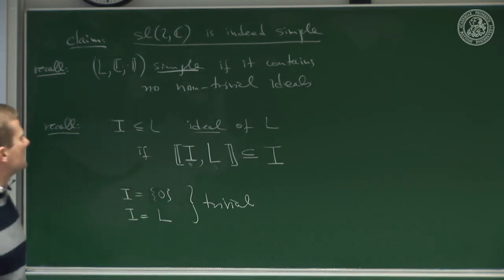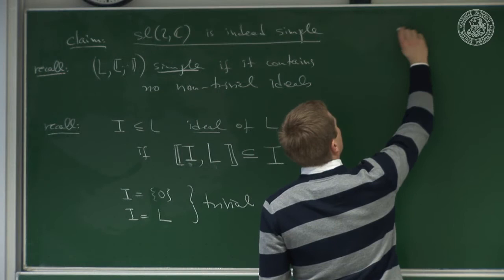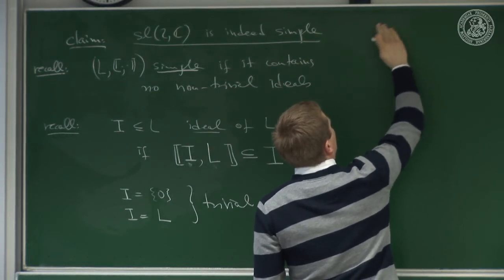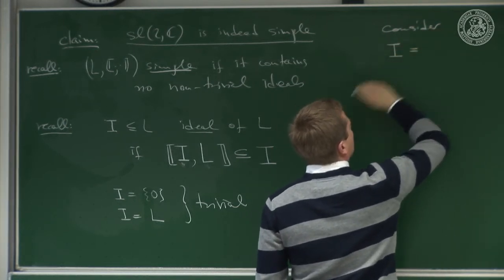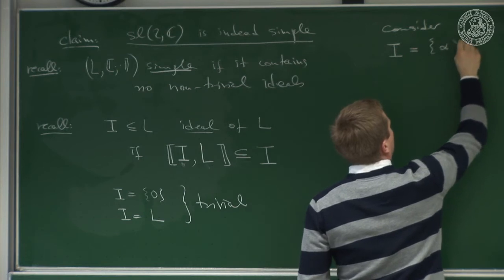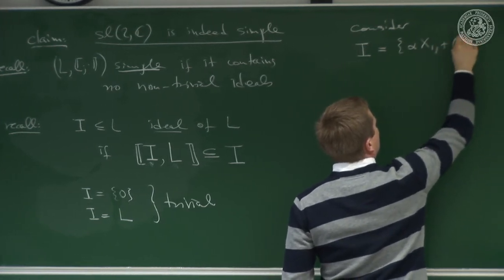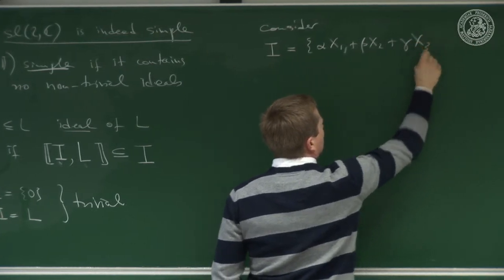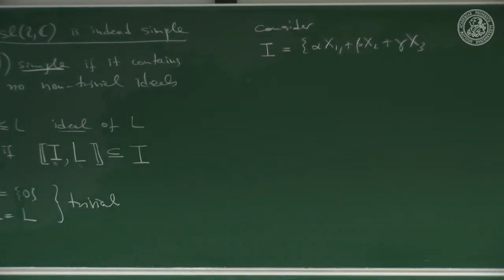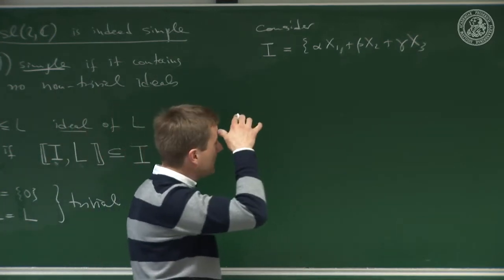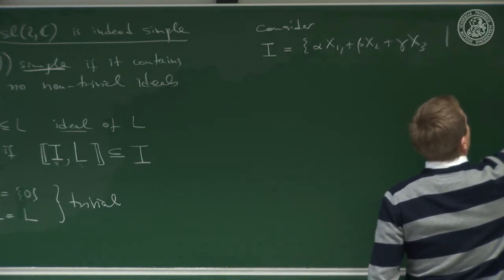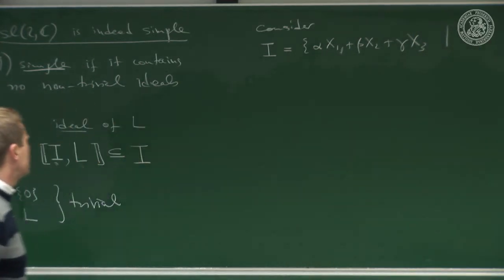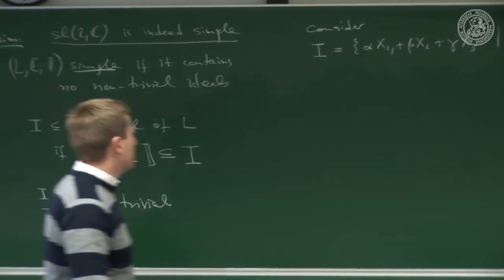So now how do we check this in practice? Because we have to show there are no such ideals. Well, consider a set I that consists of alpha x1 plus beta x2 plus gamma x3. So far arbitrary linear combinations of a basis, of our basis we have here. And well, we now try to restrict the alpha, beta, gamma such that we do not get a trivial ideal.